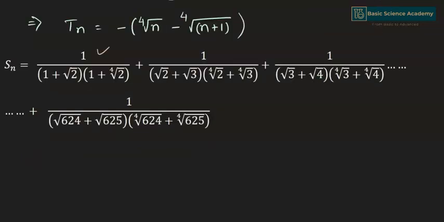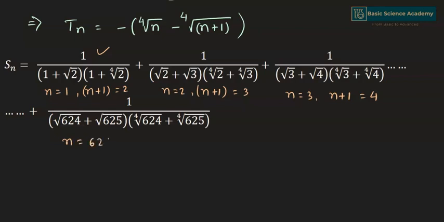For the first term we have n equal to 1 and n plus 1 equal to 2, and for the second term we have n equal to 2 and n plus 1 equal to 3. For the third term we have n equal to 3 and n plus 1 equal to 4, and for the last term we have n equal to 624 and n plus 1 equal to 625.